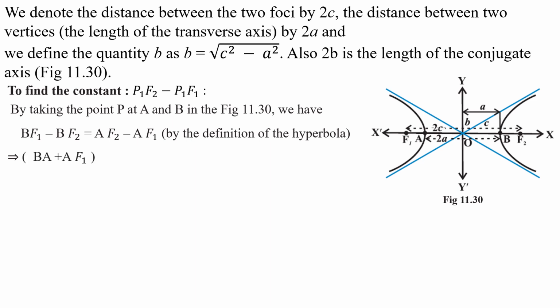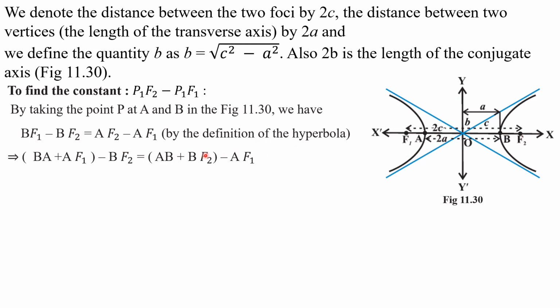This implies, observe this figure, my children, 11.30. BF1 can be written as BA plus AF1, minus BF2. We wrote this second term as AF2, and AF2 can be written as AB plus BF2.